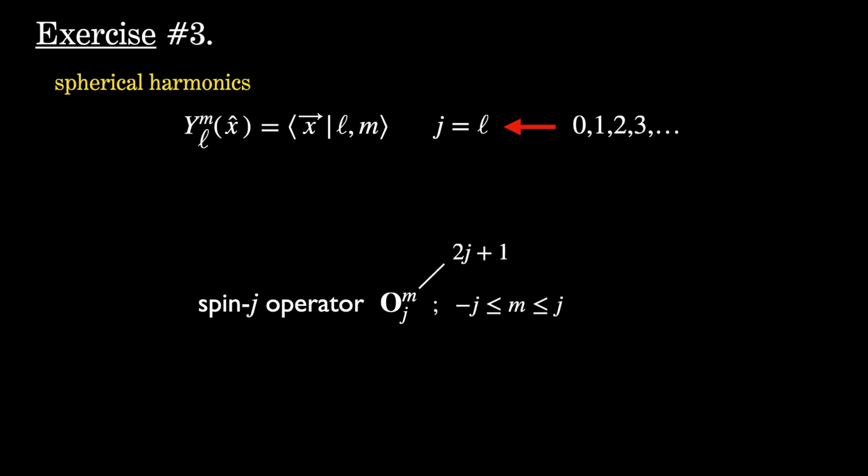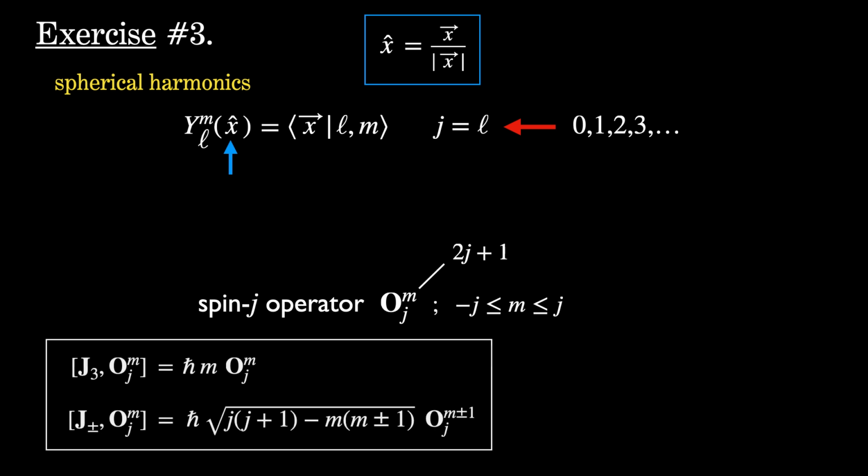The functions Y_LM depend only on the direction of the position vector, which is defined by the unit vector x hat. Recall that a spin J operator is defined by this set of commutators.